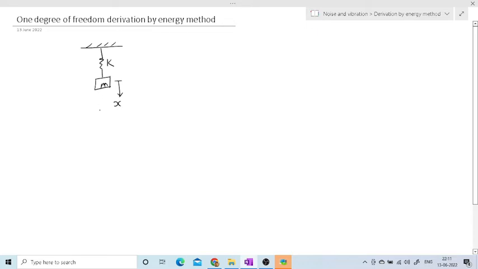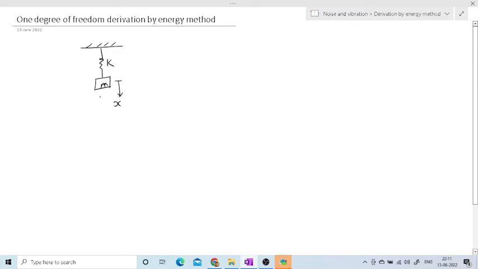So this mass will move in the backward direction. Means the potential energy stored in the spring is converted into the kinetic energy. Again, the kinetic energy will convert into the potential energy during the compression, and this cycle will repeat.